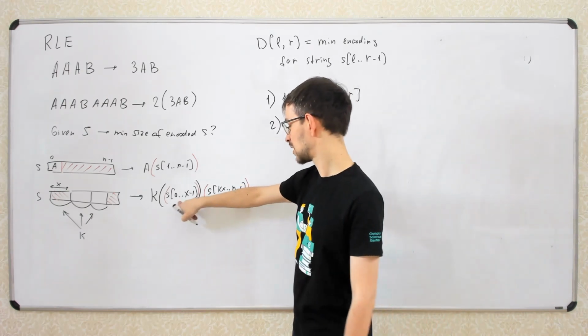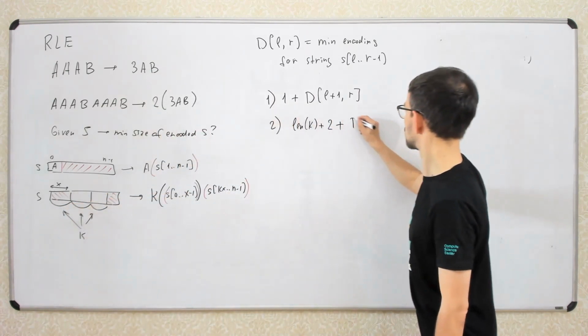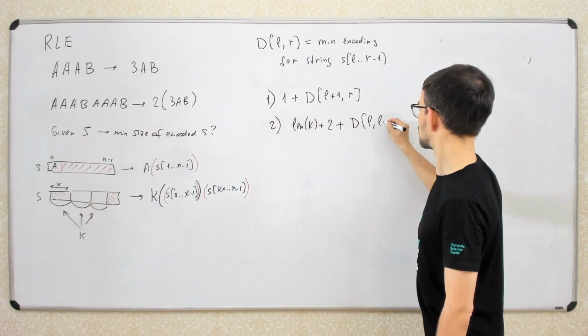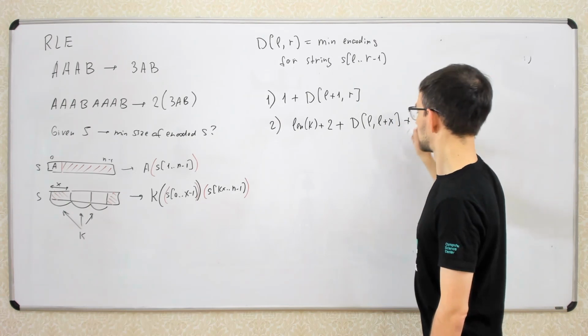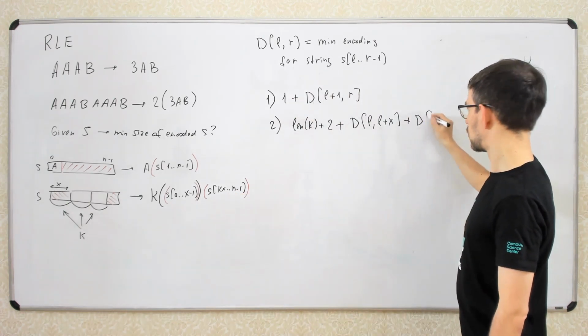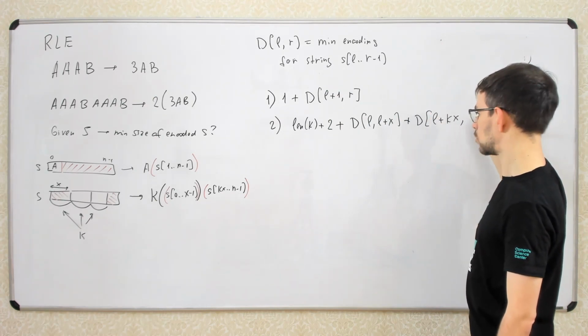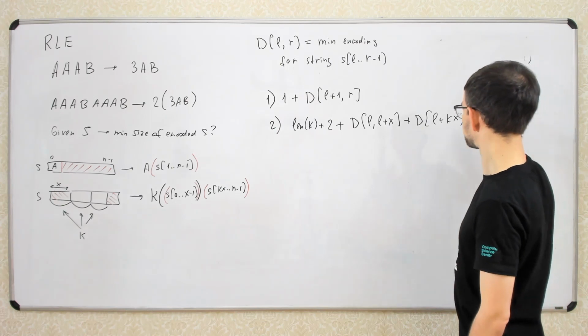So this part will be from L to L plus x, and this part will be from L plus kx to R.